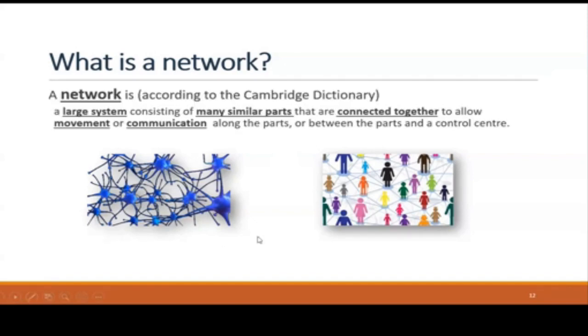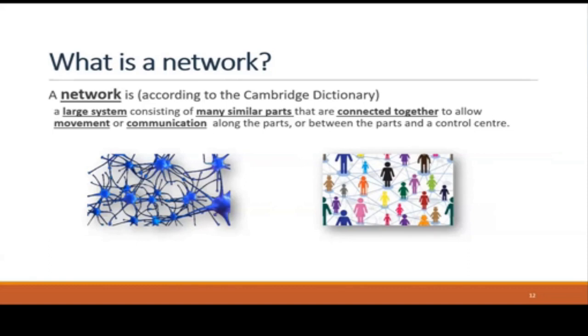If we come to a definition of a network, this is according to the Cambridge Dictionary. I don't want you to remember a definition of a network, but I want you to understand that a network has to be a system, a large system. It consists of many similar parts. Those similar parts need to be connected together, and there has to be a movement or communication.